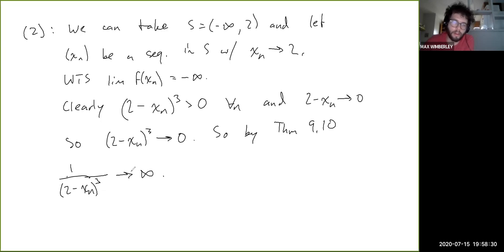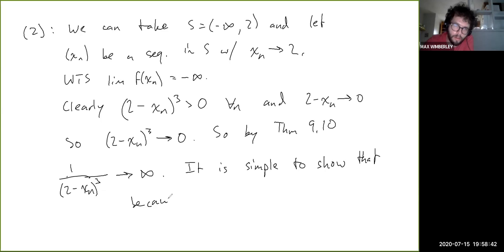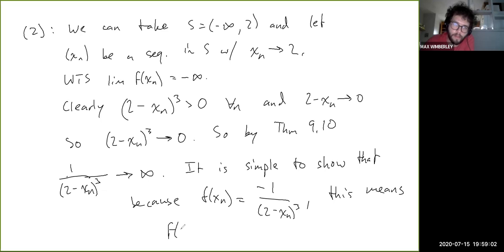And it is simple to show that because f of xn equals negative of this, 1 over 2 minus xn cubed, f of xn goes to negative infinity.